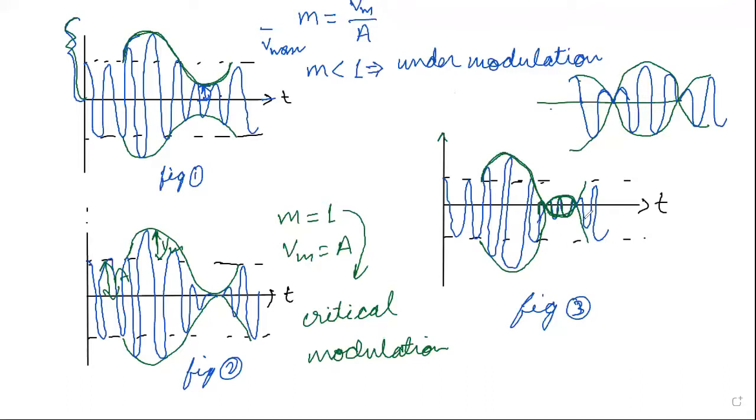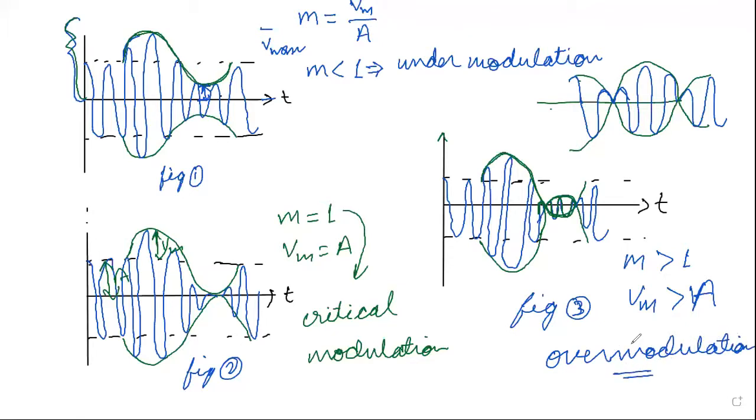So in this case, m is greater than 1, that is, Vm is greater than A. This is known as over modulation. So these are the three cases which you should know.